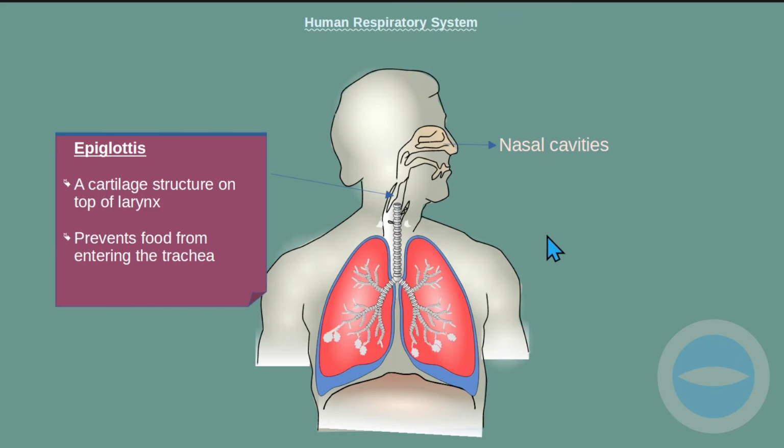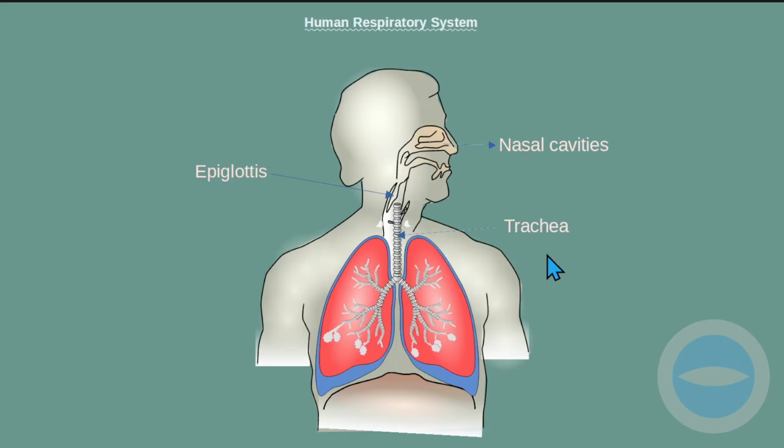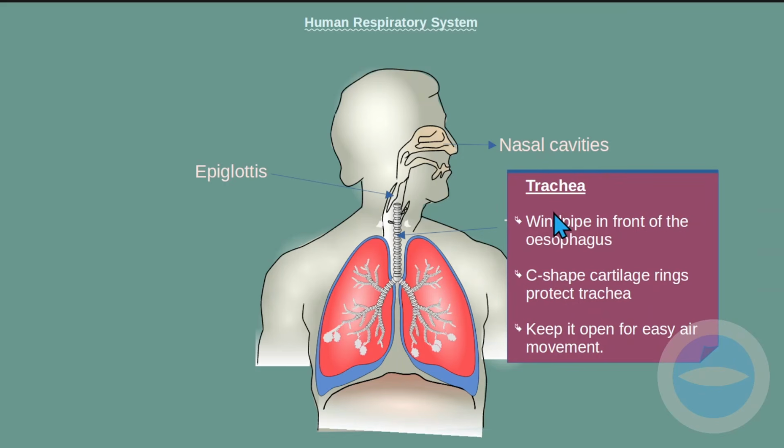And then the next part that we are focusing on now is the trachea. So the trachea is this part here. The trachea is a windpipe in front of the esophagus. So this is the windpipe. The epiglottis closes the trachea.